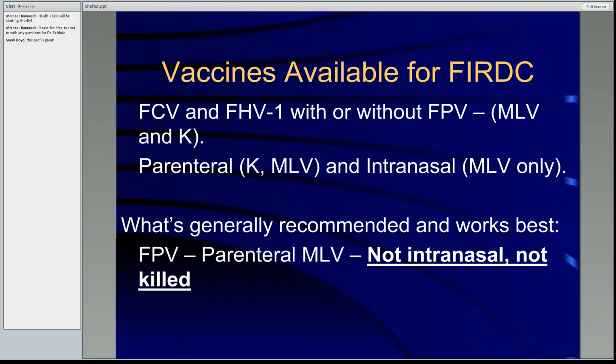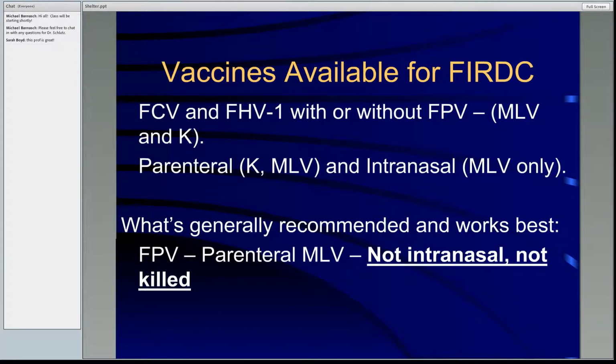But sometimes those vaccines actually make the FIRDC somewhat worse in that shelter environment. And that will often be one of the reasons that some shelters will euthanize cats. So it could really be a death sentence if that vaccine makes the disease complex worse.